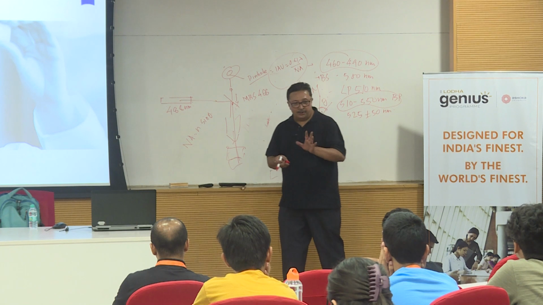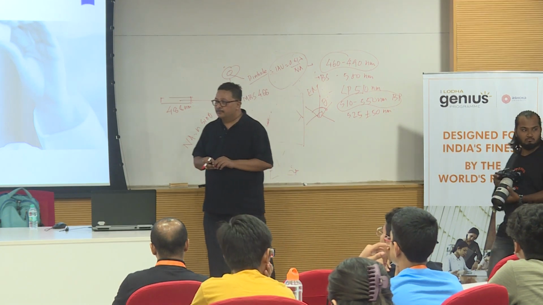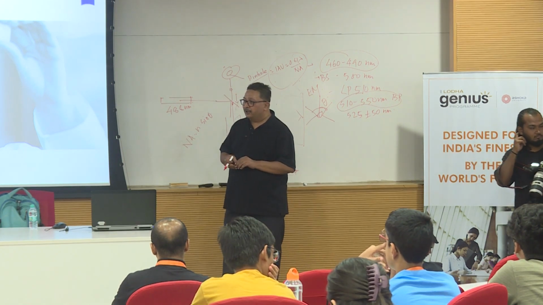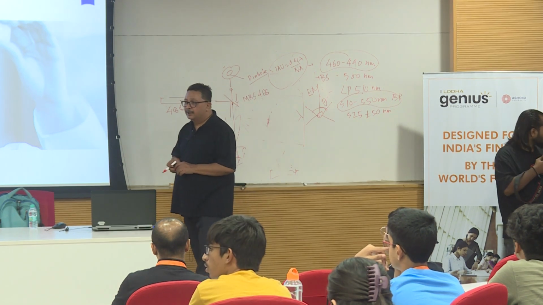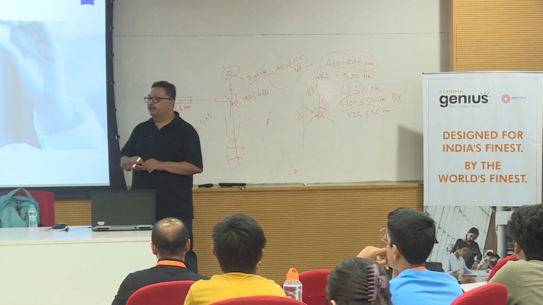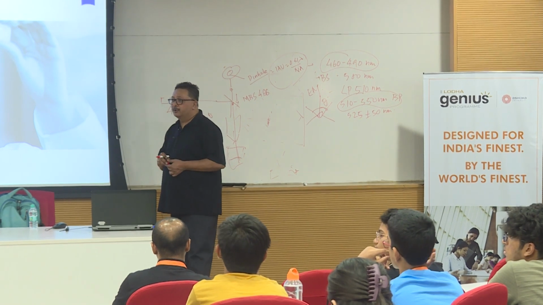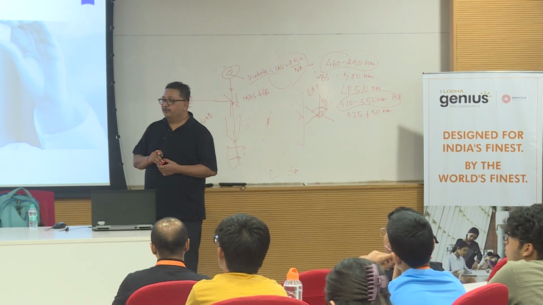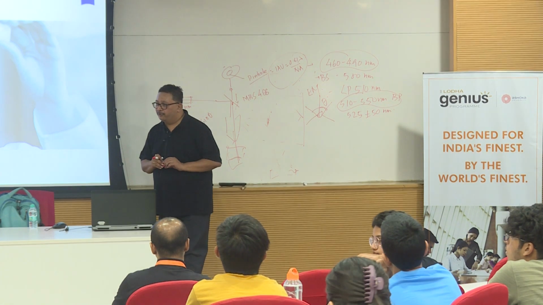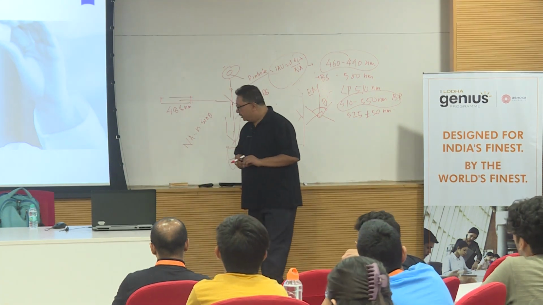So if you have air, what is the refractive index? 1. Very good. If it is water, what is the refractive index? 1.333. Very good. If it is oil, what is the refractive index? 1.515. Very good. So you guys have understood quite a lot.